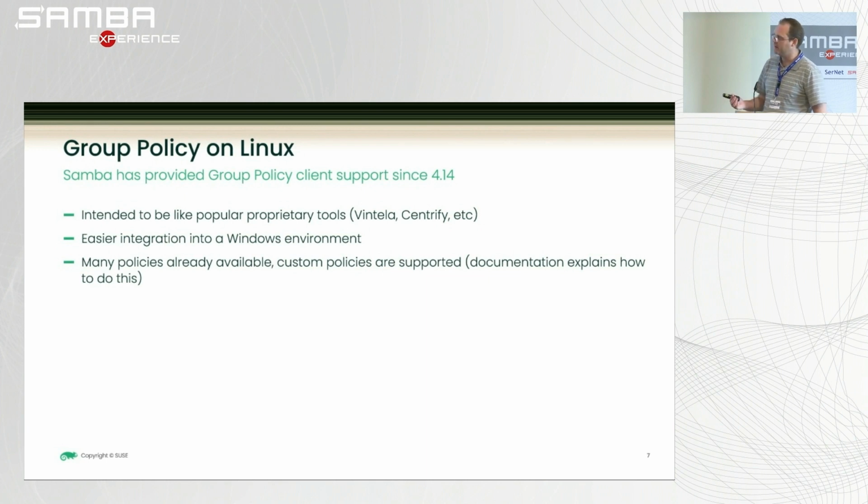It's meant to be similar to proprietary tools out there like Ventilla and Centrify. These provide the same kind of features, but the source code is proprietary. It provides easier integration for Linux clients in a Windows environment.